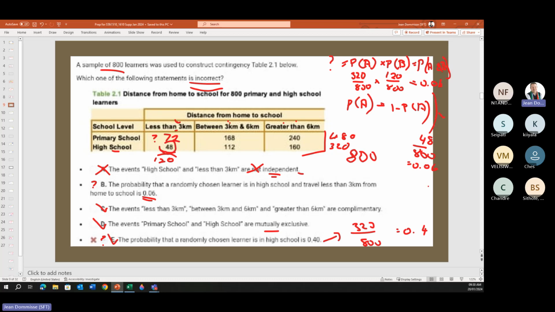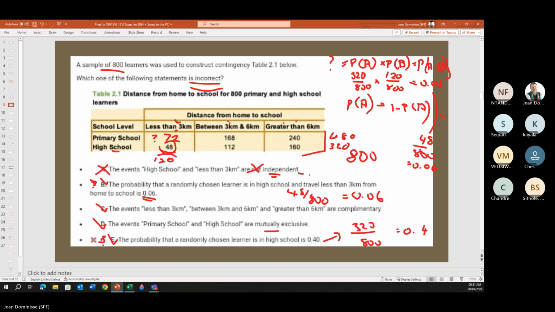So we've done it already. It's 48 divided by 800, which is 0.06. Okay, so the one that is incorrect is the events high school and less than are not independent. So it should be that they are independent.